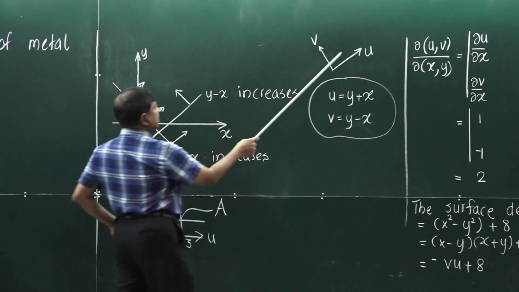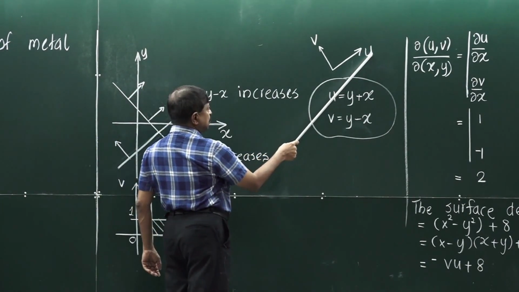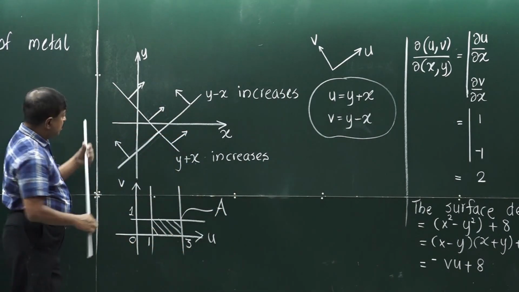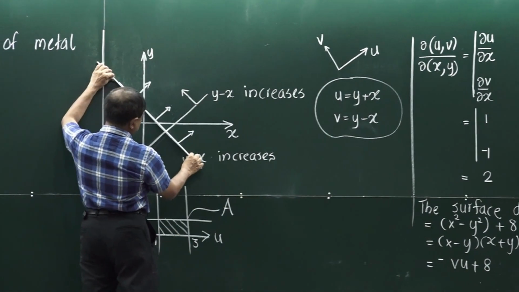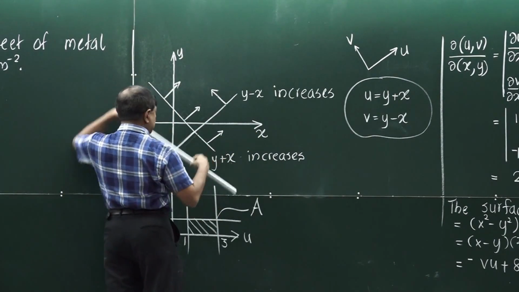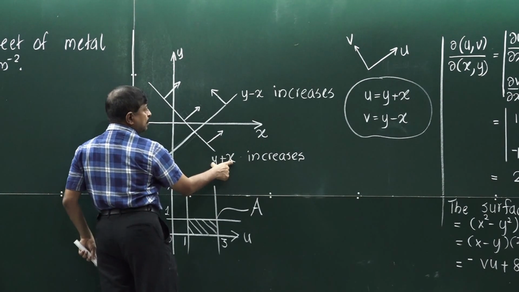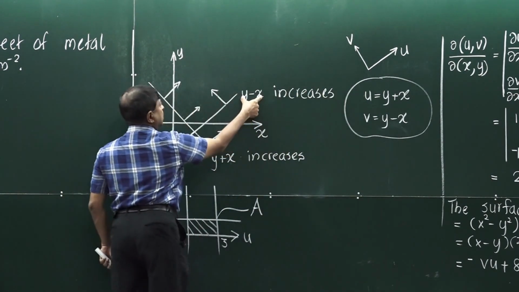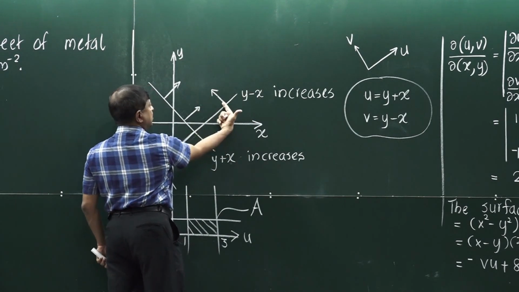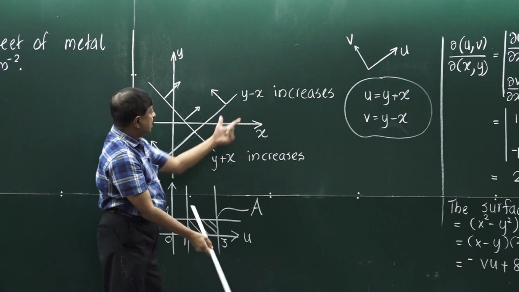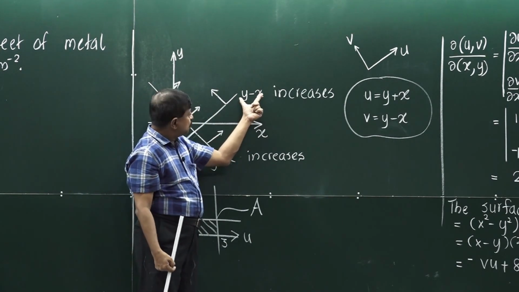Therefore, y plus x can be taken as u, which increases as you move this way, and the variable which increases when you move along this other direction can be taken as v. So, this is v.